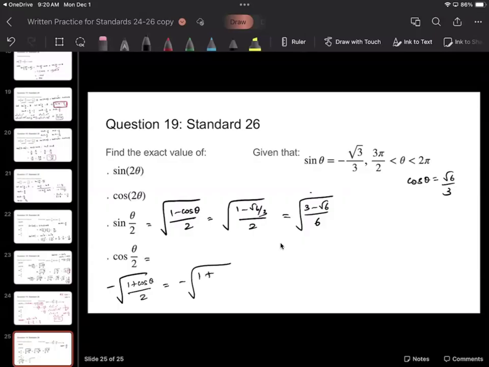If you're wondering how I'm simplifying these, I'm just doing this in my head. I'm making 1 as 3 over 3, so then this will become 3 plus root 6, and this 3 denominator will combine with the 2 and become 6. So this is my final answer.